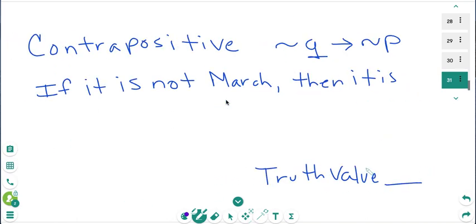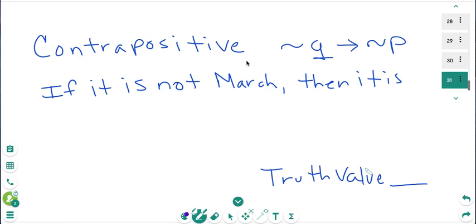Contrapositive. Contrapositive would be if not Q, then not P. So we would take our statement and we would write it. If it is not March, then it is not St. Patrick's Day.